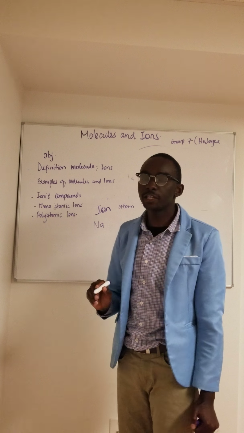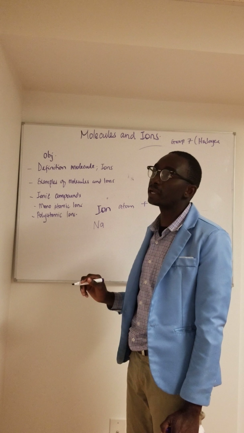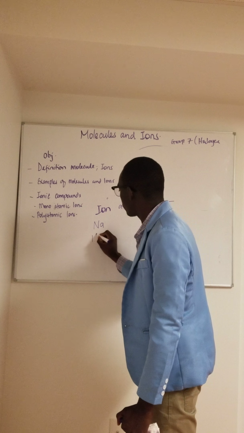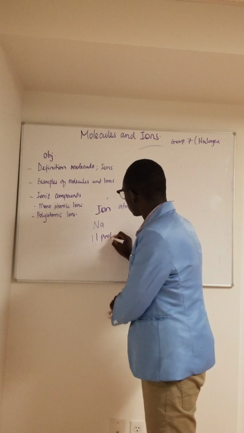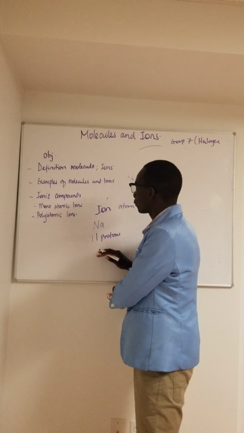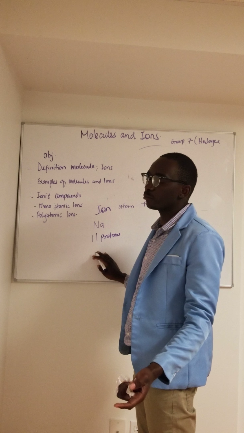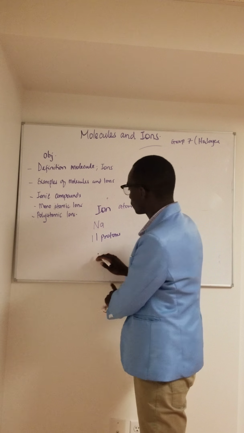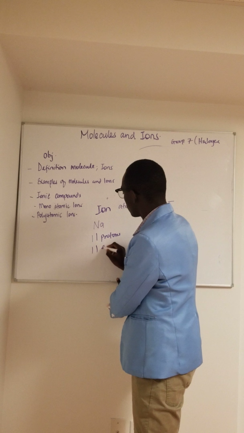When you look at the periodic table, sodium is atomic number 11, so it has 11 protons. There's a rule that says if you have 11 protons, then you have 11 electrons. So positive and negative must balance out.